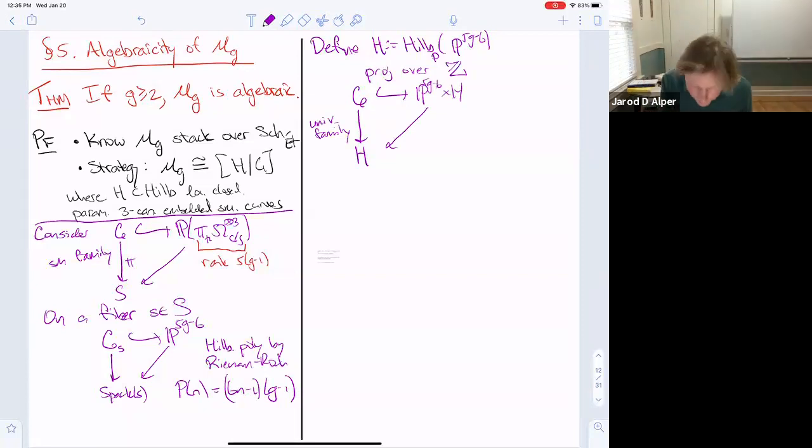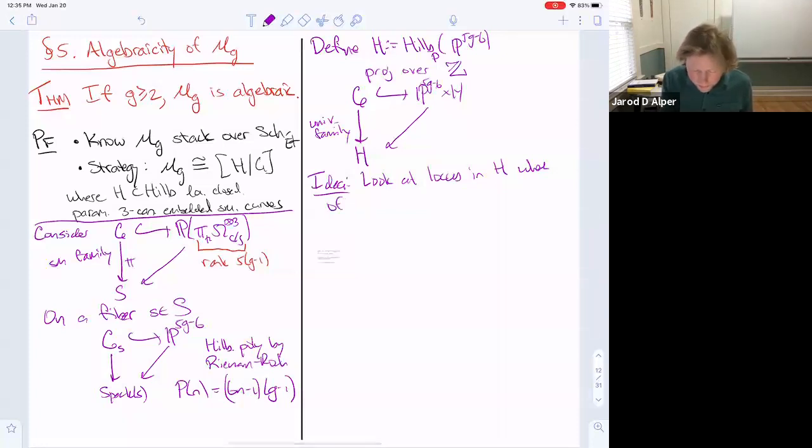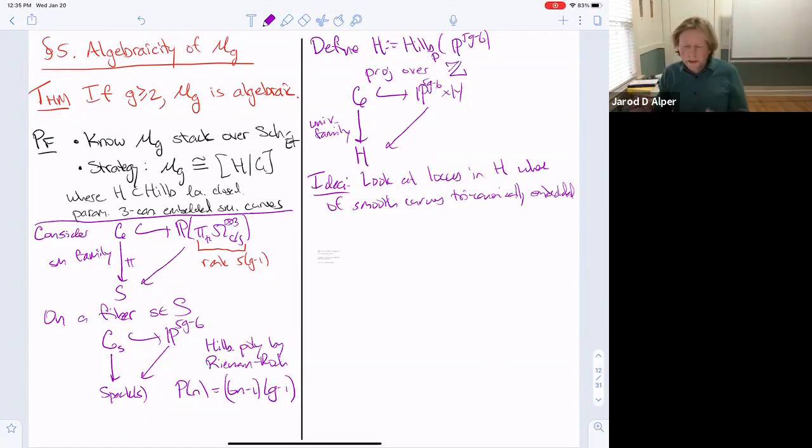And now the main idea, what we want to do is we just want to restrict. We want to look at the locus in H where the family is a family of smooth tricanonically embedded curves. Because this H itself is huge.